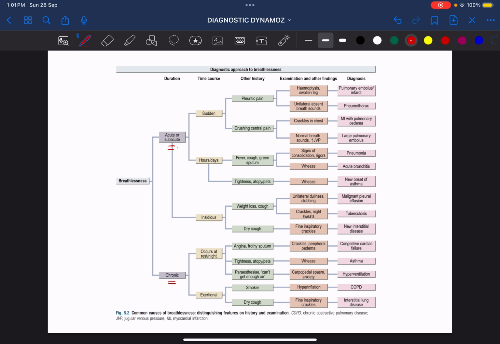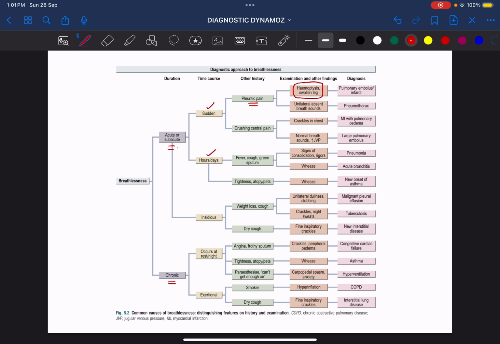Coming to acute onset or subacute onset breathlessness, it may be either sudden or progressive. Sudden means the patient is otherwise normal, suddenly getting an episode of breathlessness. When sudden onset breathlessness is associated with pleuritic pain, and on examination the patient has hemoptysis and a swollen leg, why swollen leg?